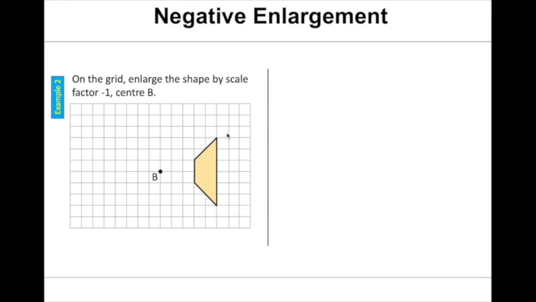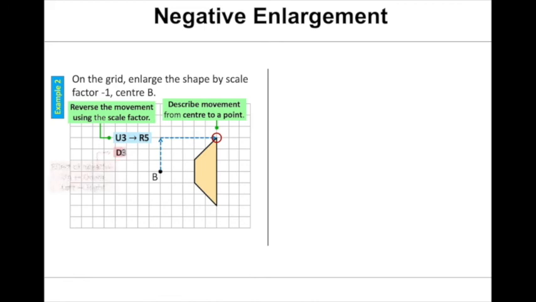Let's take a look at this example. Given this object or shape, enlarge it by scale factor -1 from center B. Pick a point, and describe the movement. That is up by 3 and right by 5. Then the reverse is down by 3 and left by 5.